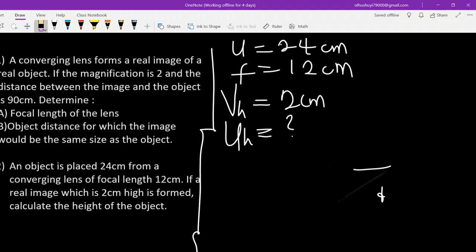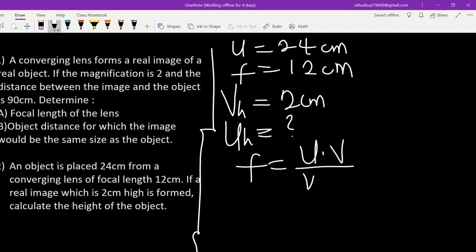So this is what we do. We go to F. Our focal length is equal to U times V upon U plus V, isn't it?